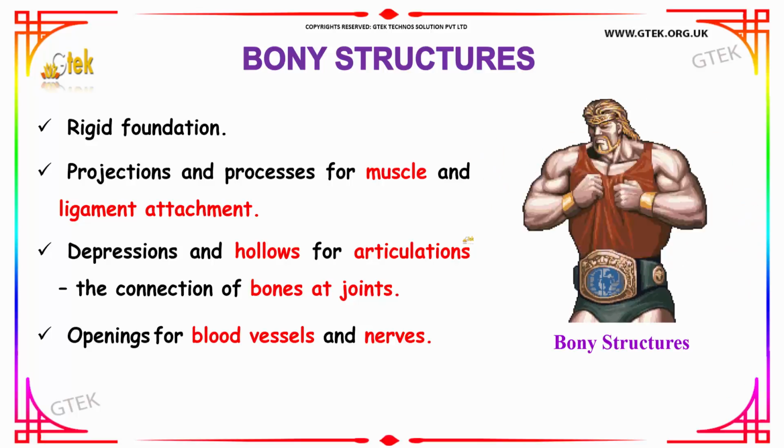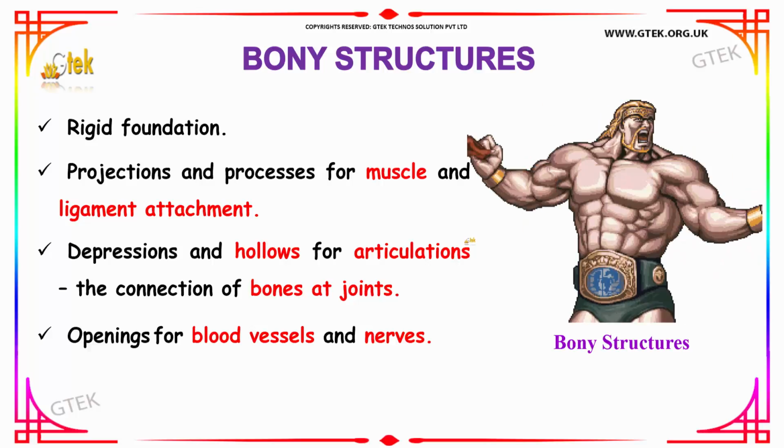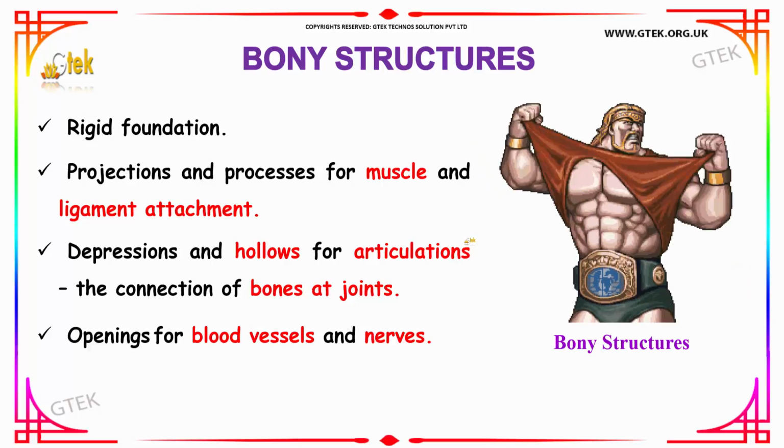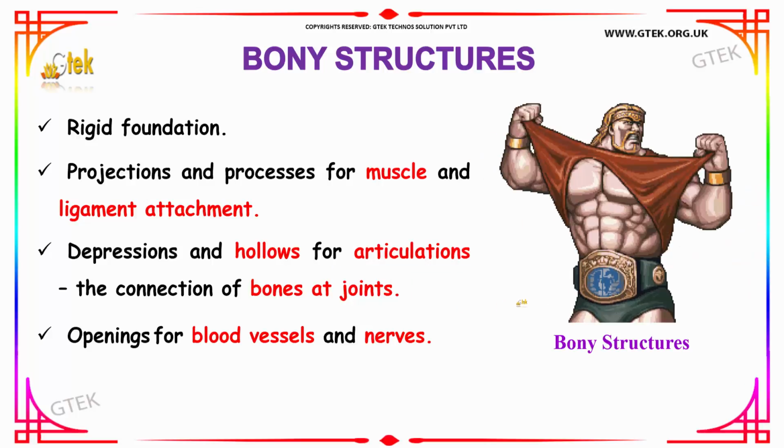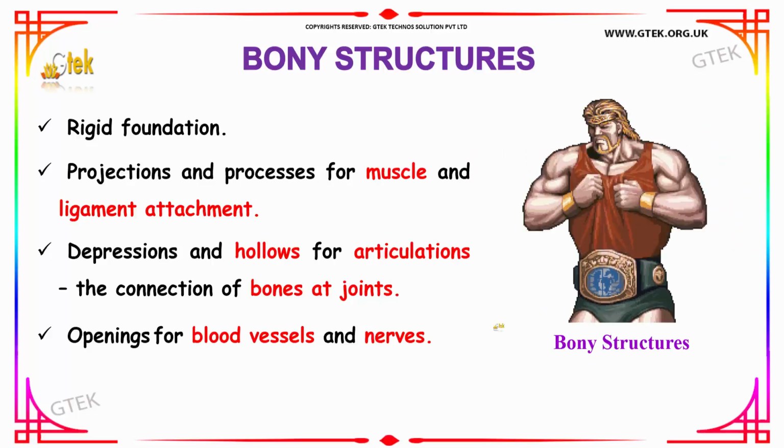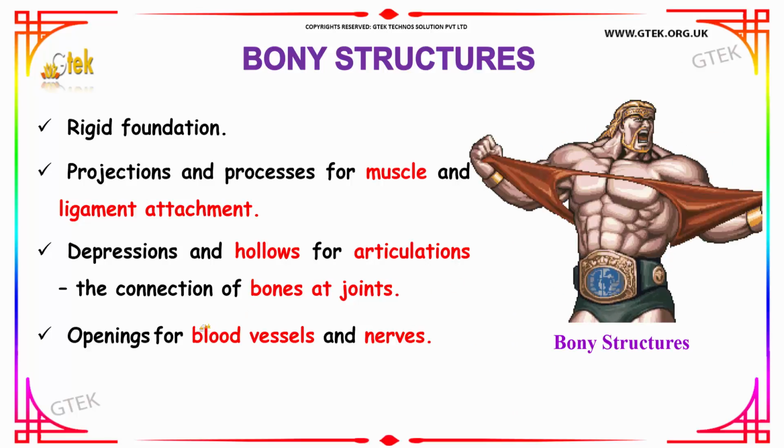If your bone has depressions and hollows, then they are for articulations, that is, the connection of bones at joints. The openings that are present in your bone are for blood vessels and nerves to pass through the bones to supply them with enough blood for their growth.